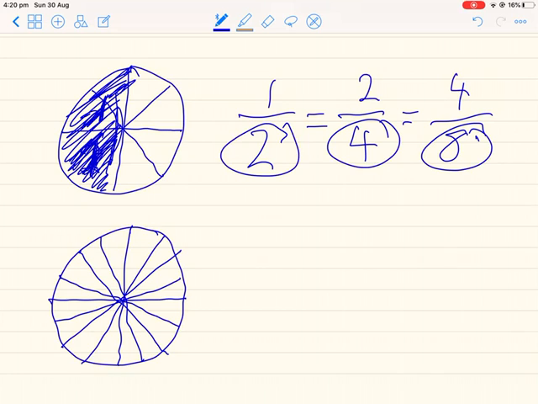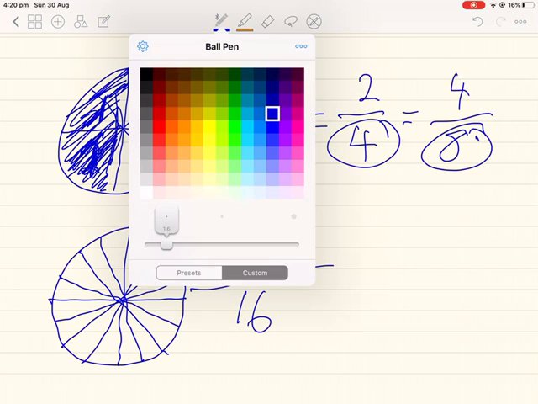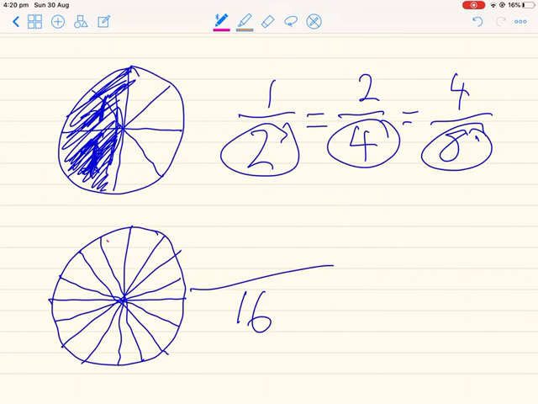So I'll have 16 16ths. Now I'm going to colour in the fraction. So I'm going to go 1 16th, 2 16ths shaded, 3 16ths shaded, 4 16ths shaded. So there are 4 16ths.